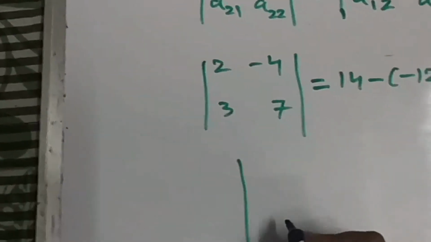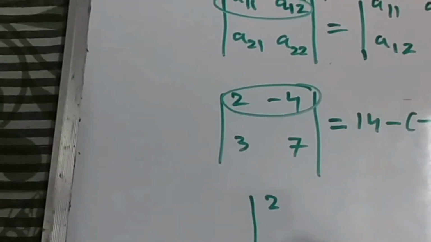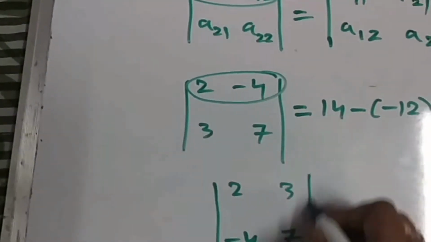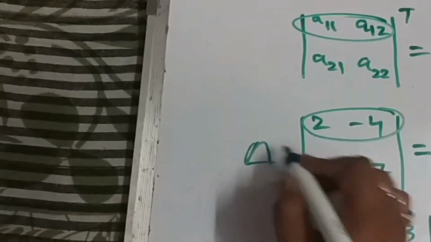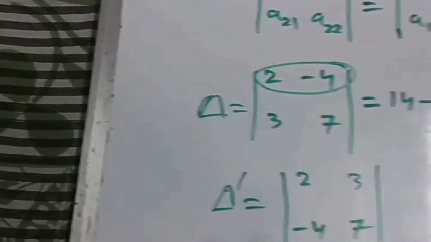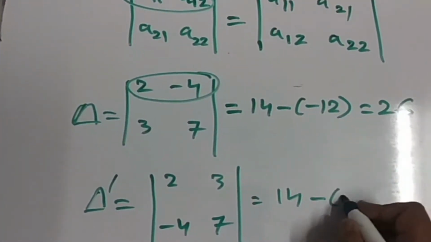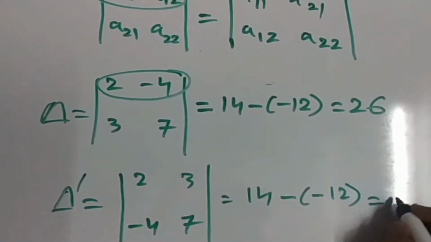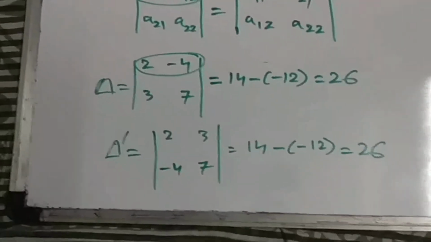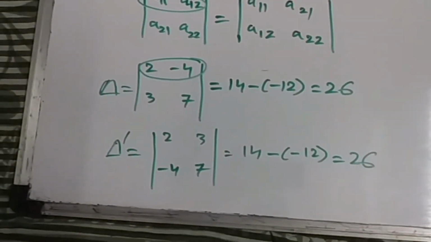First row will be changed to first column. Now this is say del and this is del dash. Here again 14 minus 12, again 26. You see what is happening here? I have transposed, then also the value is same.